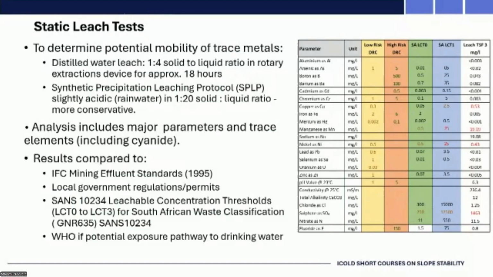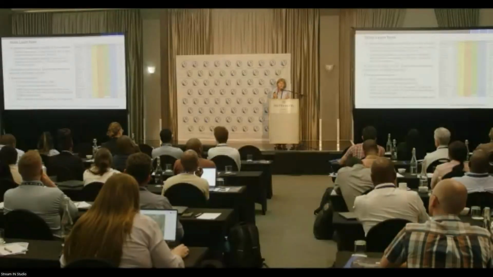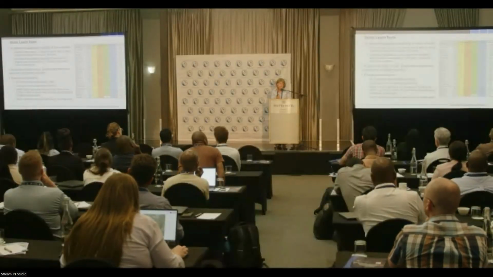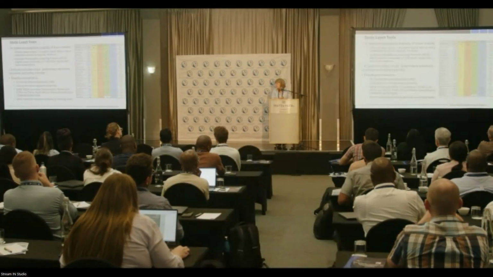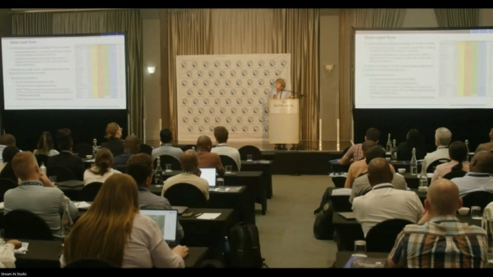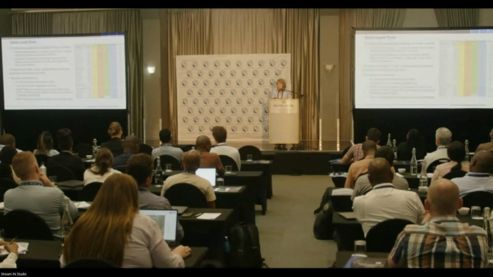In every country that we work in, you've got to be very specific and know what you are going to be comparing it to. But a nice general one to use is the IFC mining effluent standards, because everyone uses it. And if you're going to get some possible exposure to receptors in some way or other, then the World Health one is a good one to look at as well, if there is possibility of it being exposed in drinking water.